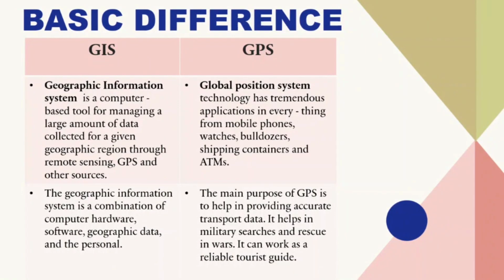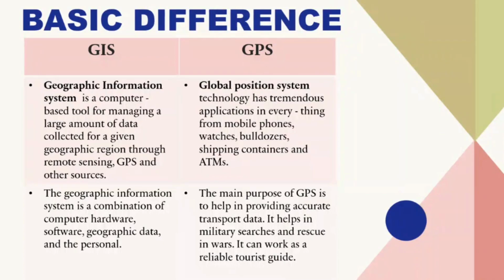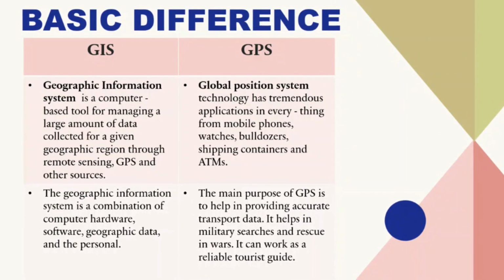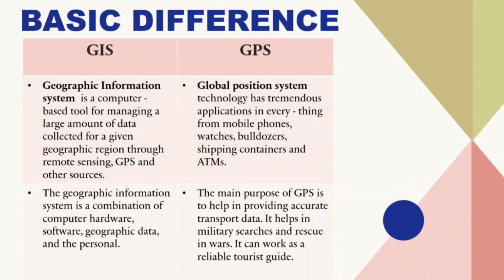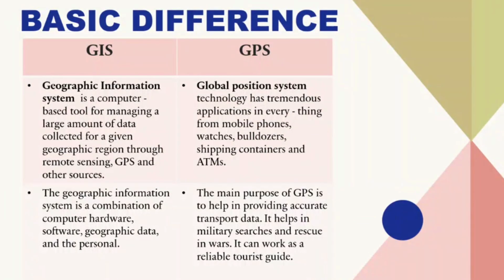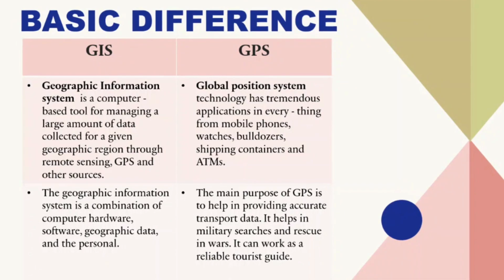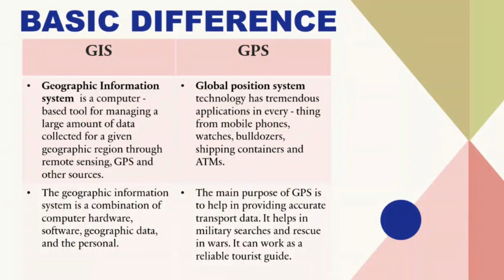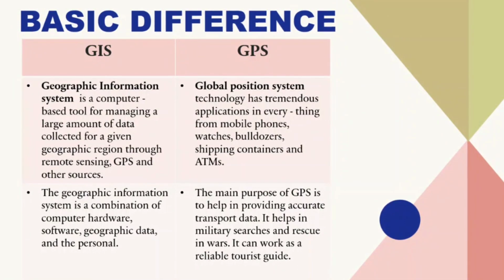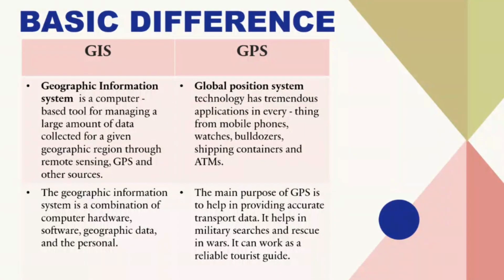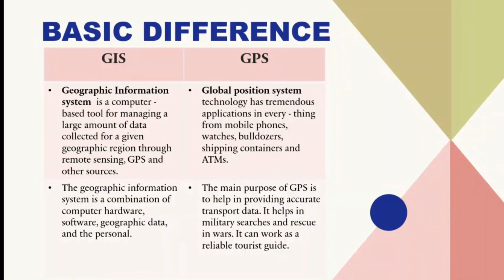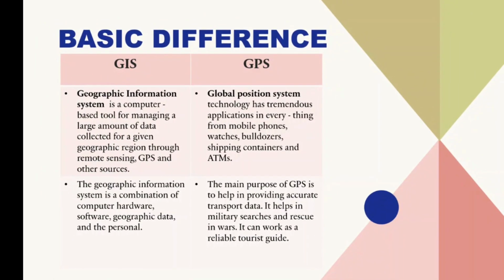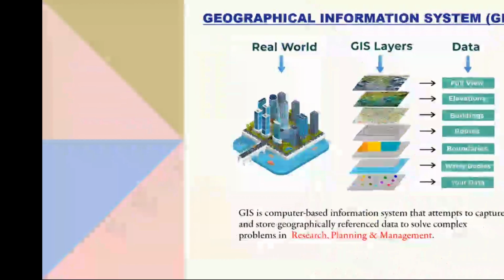The data is collected through various sources like GPS and remote sensing and various other sources. Whereas GPS means Global Positioning System, it is a technology to obtain position, velocity and time of any point anywhere on the surface of the earth. One of the applications of GPS is Google Maps that we use every day.